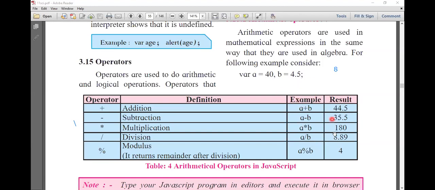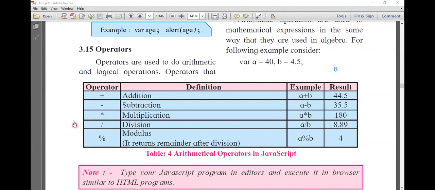Then you will get the answer 8.89 with the decimal point. Your answer will come in decimal point when you use the backslash. But when you use the front slash instead of the backslash, meaning when you write a front slash b, then you will get the answer only 8.